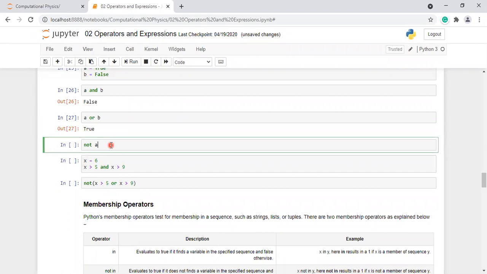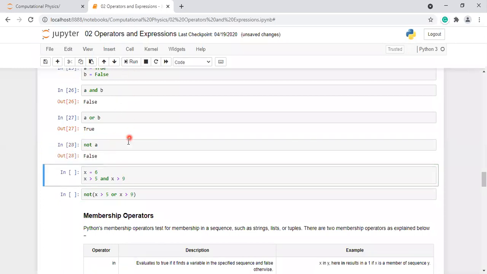A is true, so not A is false. Not true is false. So this is the logic of the not gate, or gate, and and gate, with the operand as input.